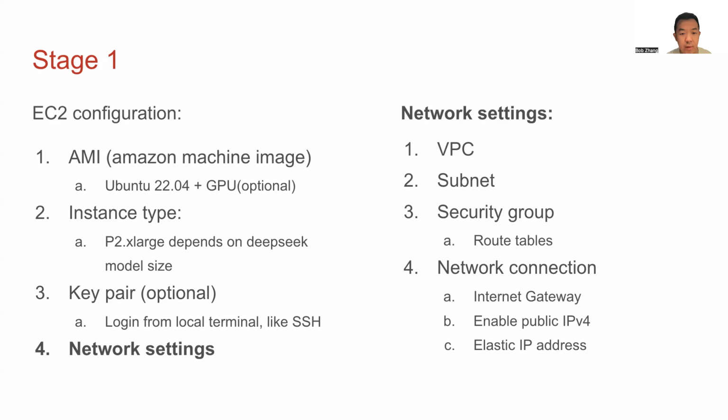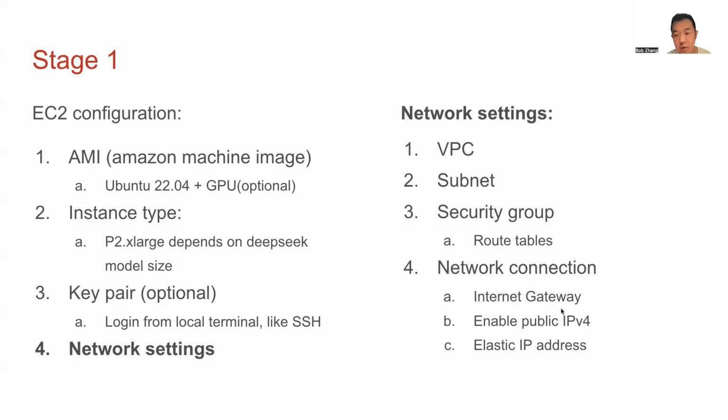And now let's talk about the network settings, which is where many people run into issues. So you will need to configure a proper VPC, an appropriate subnet, and a security group with the right routing tables, and most importantly, your network connection settings. You need to have an internet gateway and public IP addresses.